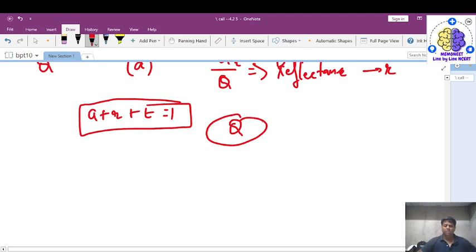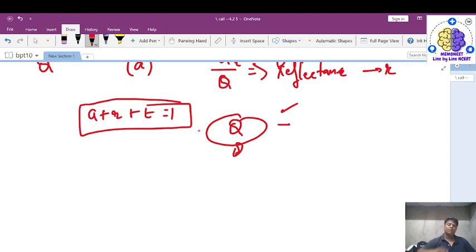The ratio of the heat absorbed to the total heat is known as absorptance, that is small a. The heat reflected upon the total heat supplied is reflectance, and the heat transmitted upon the total heat supplied gives you transmittance. So absorptance plus reflectance plus transmittance will be equal to 1, right?